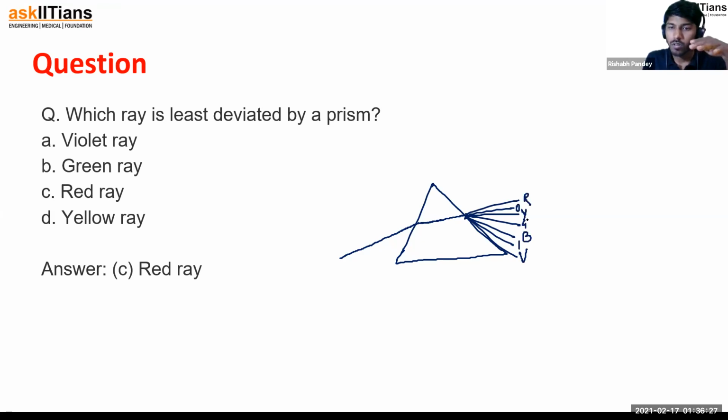This red light is almost not deviated, although this is the fault of the painter, but still, red light is the least deviated, and violet light is the maximum deviation. We even wrote about it. I think everyone is clear that the red ray will be the least deviated by the prism.